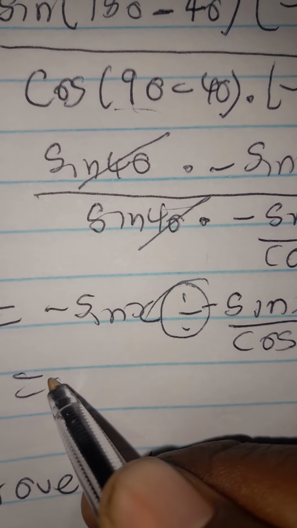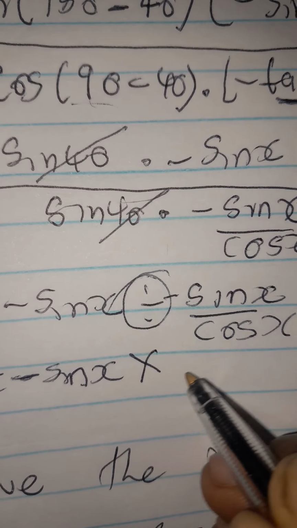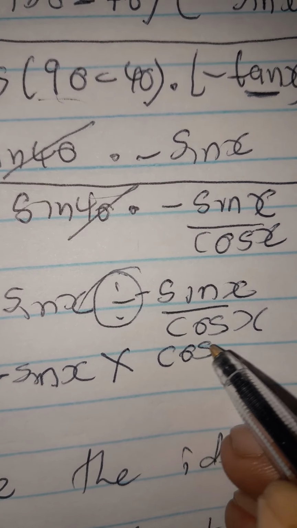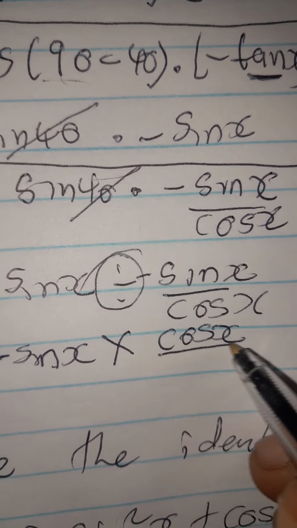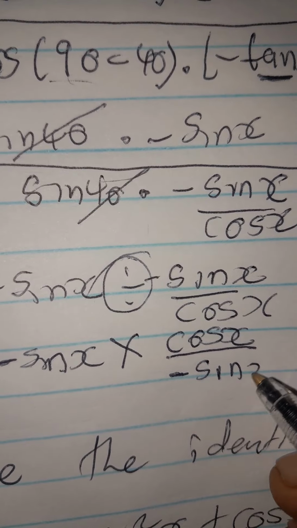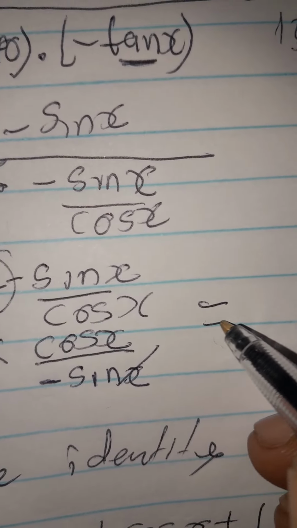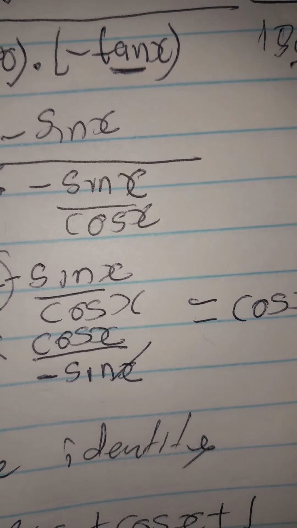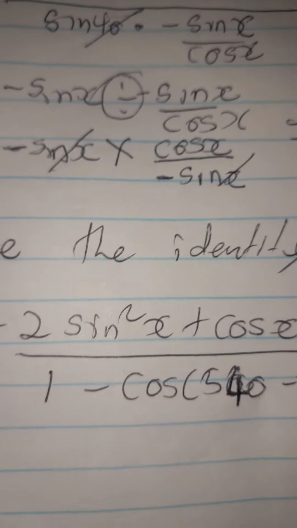So what is the reciprocal, the inverse of this? Sine x will be multiplied by cos x all over sine x. What is in a denominator will be a numerator, and what is a numerator will be a denominator. Common trigonometric ratios cancel, therefore the solution will be cos x. So that's how you can work out such questions.